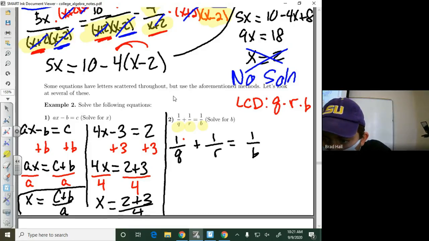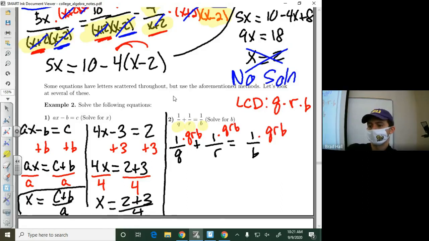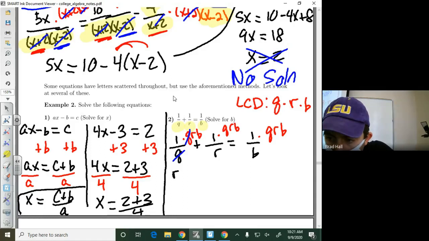And now we can multiply everything by QRB. And naturally, there's going to be a nice bit of cancellation. Q's cancel over here. Just give us RB.